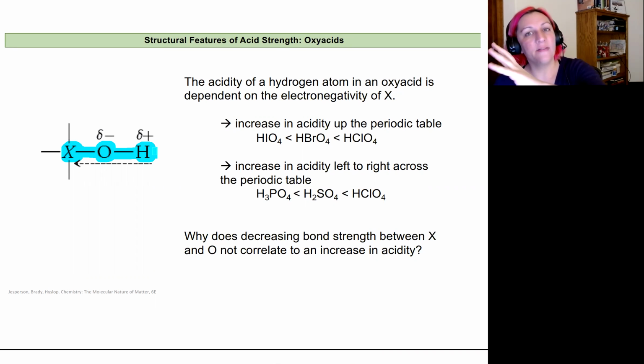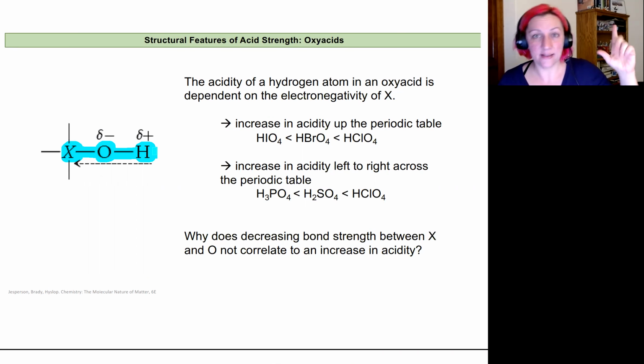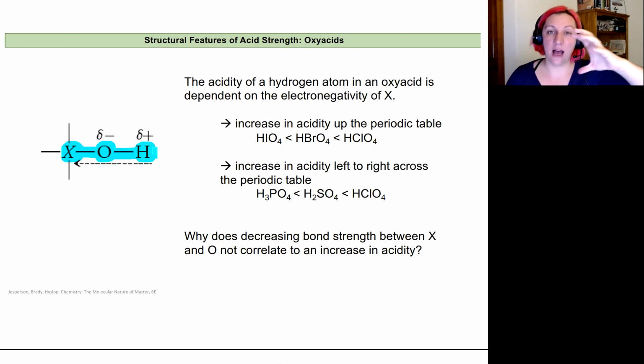And so we're having this through-molecule effect, that the hydrogen's not bonded to the X element, but that X element, if it's very electronegative, will have a larger pull on the electron density on the oxygen, which will in effect pull more of the electron density from the hydrogen because it's also very electronegative.